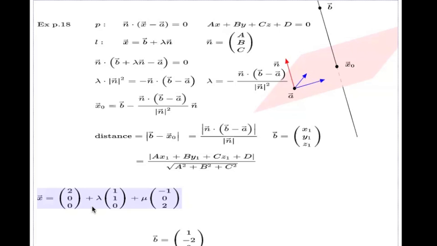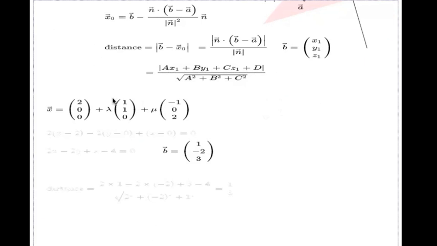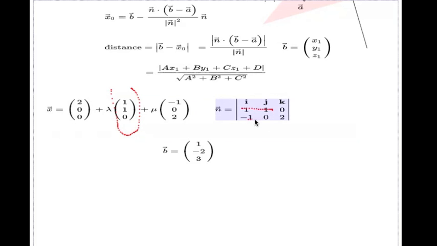And now we can do this very quickly, because all we have to do is take a cross product of these two vectors, because the cross product of these two will deliver me the normal straight away. Here's the cross product. The second row here is the components of this vector. The last row here is the components of the second vector.